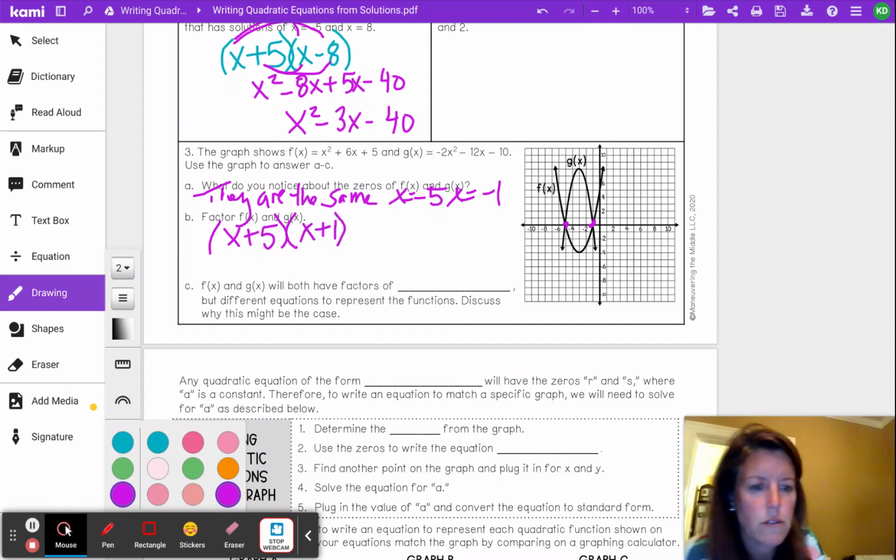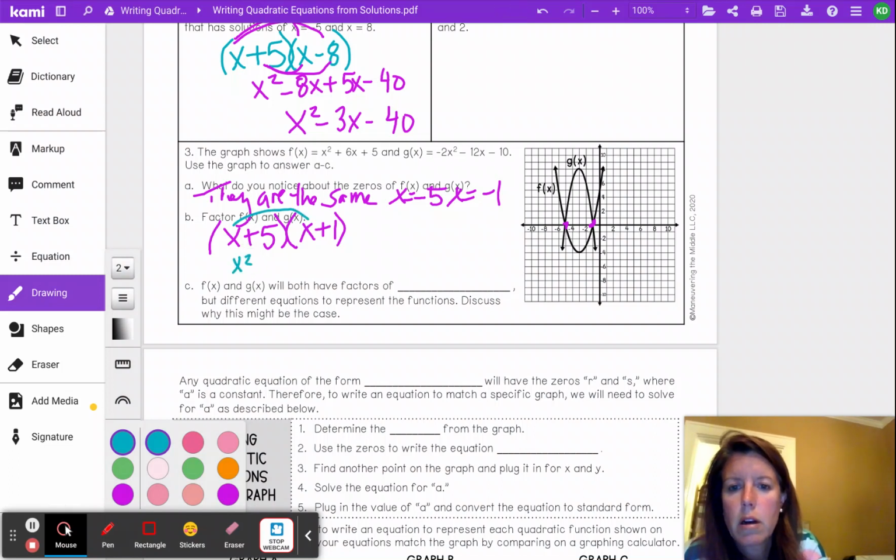Yeah, because they're both negative, so I need to make them both positive. Okay, and then I'm just going to FOIL this out. So I've got x squared plus x plus 5x plus 5. So that would be x squared plus 6x plus 5.